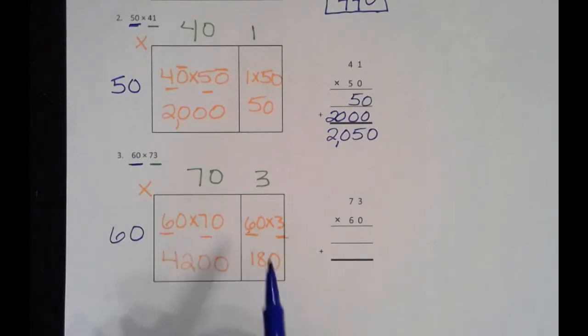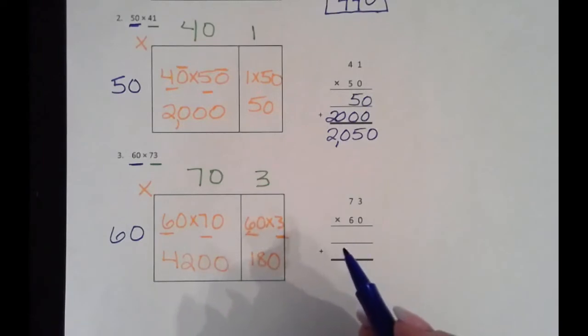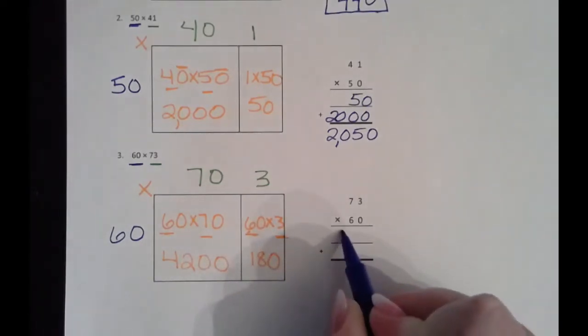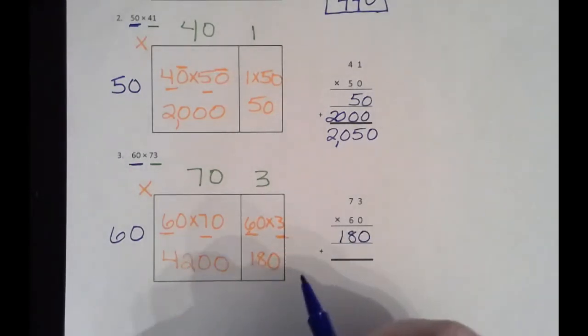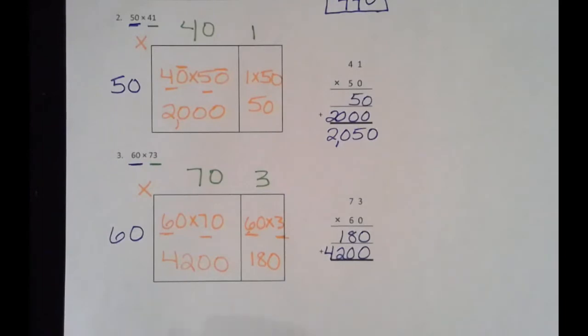And again, the 60 times 3 is actually going to happen first when we do the standard algorithm, so we're going to get in the habit of putting that on top. So I'm going to have 180, and then I'm going to have 4,200, and I'm going to add those together. 0 plus 0 is 0, 8 plus 0 is 8, 2 plus 1 is 3, and 4 plus nothing is 4.